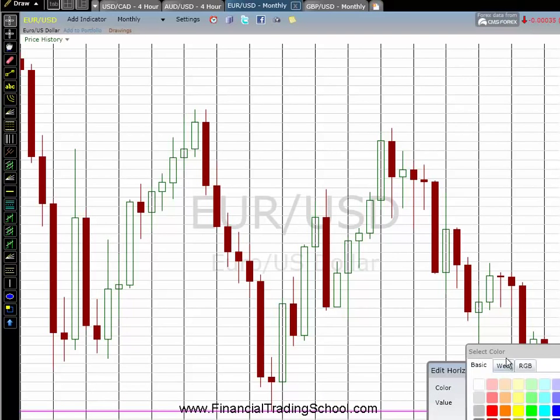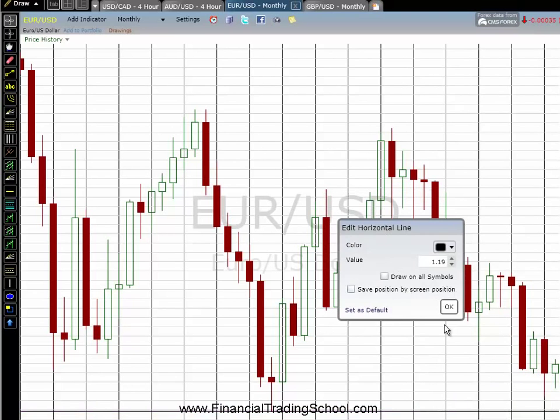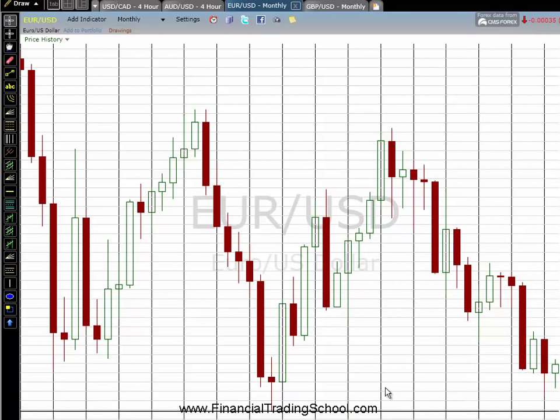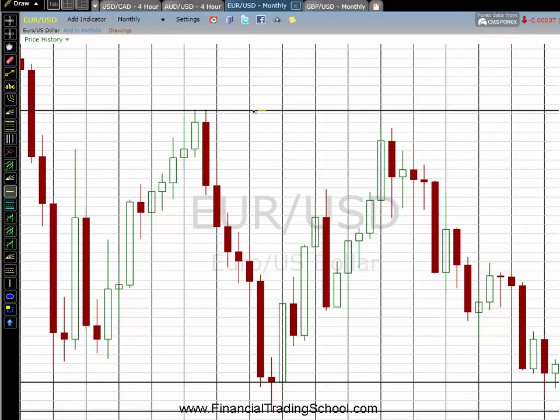Absolute low. Change this to black. Set as default. And then we're going to make another one right there. Like that. No, let's pick the bottom like that. And then let's see, tops.